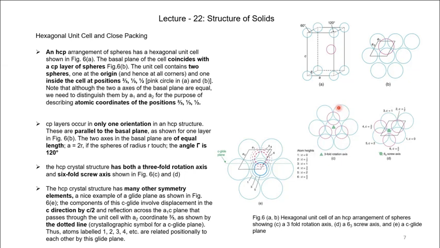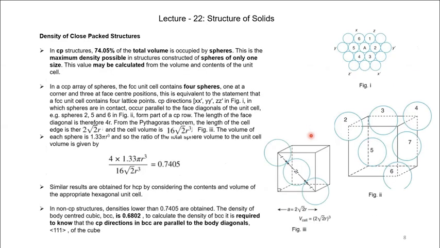There we are showing how the threefold rotation axis arises due to this hexagonal arrangement, and also that the sixfold screw axis has this arrangement. This is how we show the main symmetry elements, as well as the close packing related to hexagonal close packing.